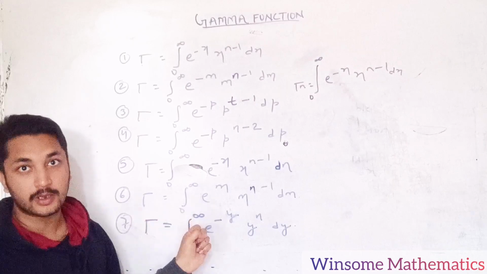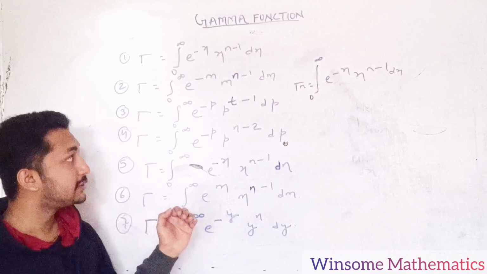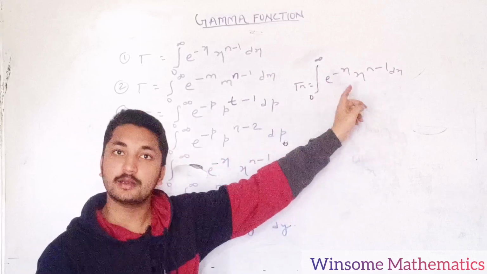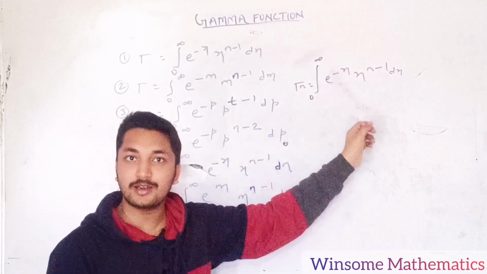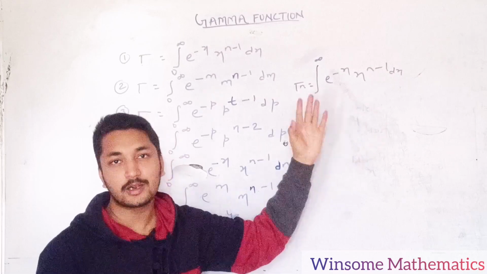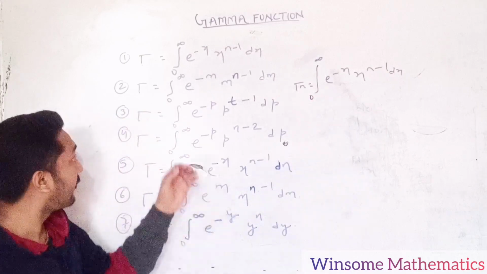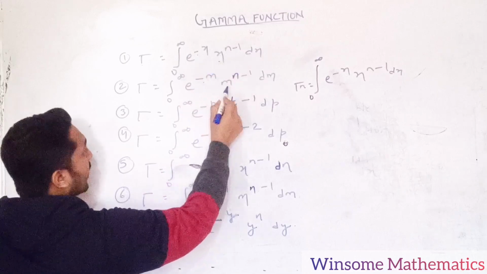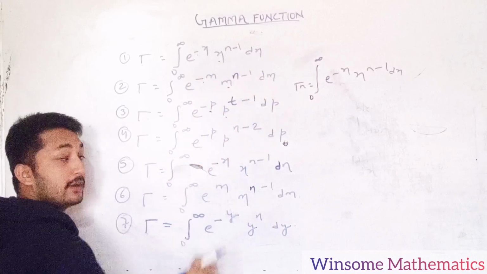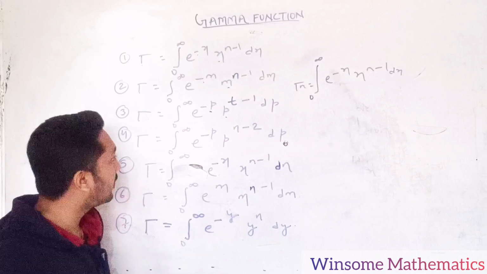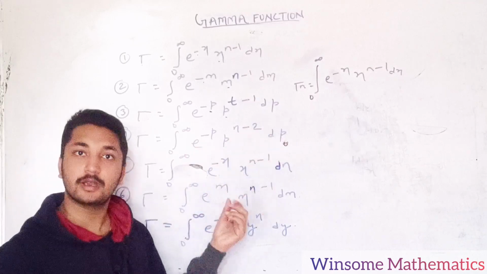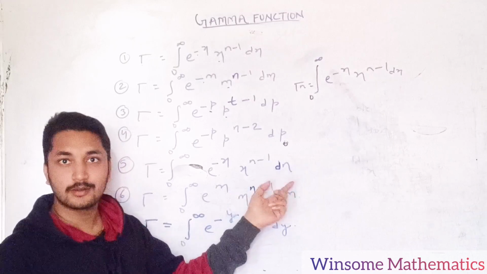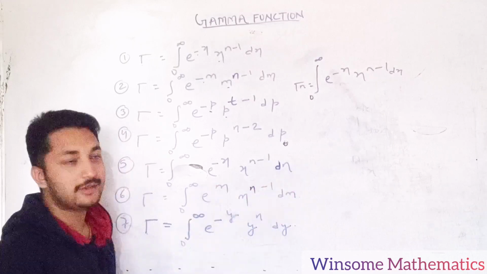Now we have to check the power of e: minus x, x dx; similarly minus m, m dm; minus n, n dn; minus p, p dp. Clear? We have to figure it out: here minus x, x dx, right; minus m, m dm, right; minus p, p dp, right. Minus x x, what is it? This is dn, so this is wrong.